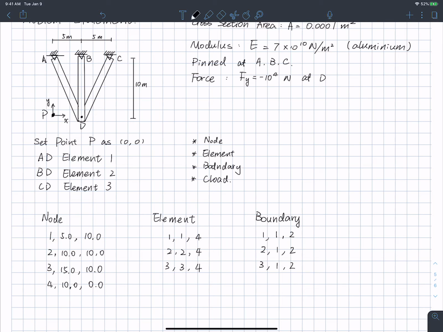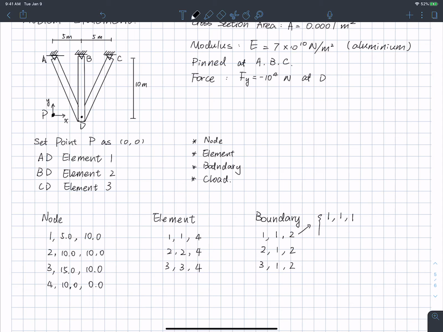So here, because boundary conditions can be confusing, I want you to try another way of implementing this. Instead of implementing this, this should also equal to, if you have two entries, the first node is fixed in x, from x to x. So this means the first node is only fixed in x direction.